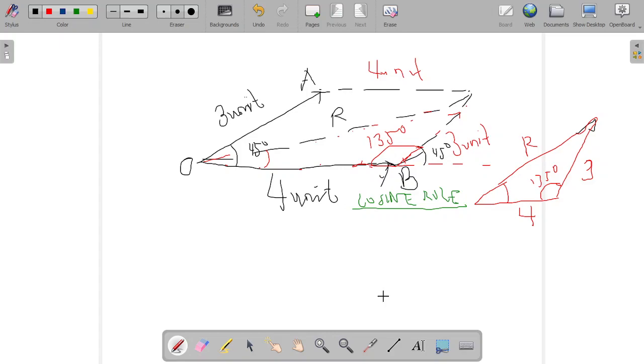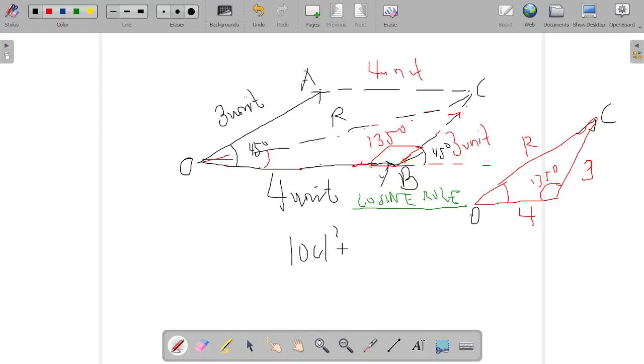The cosine rule states the largest side, which is the side opposite the angle. We'll be working with the side here, which is R square. Let's call this O, and this is C. For the cosine rule, the formula goes: OC square, which is R square, is equal to the addition of the squares of the two sides.